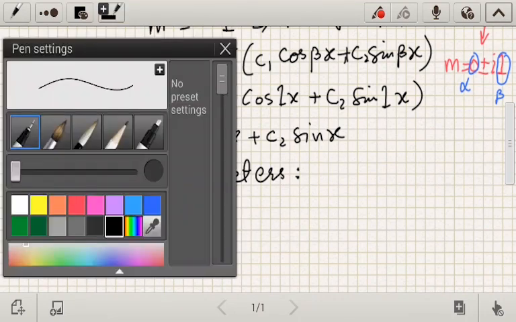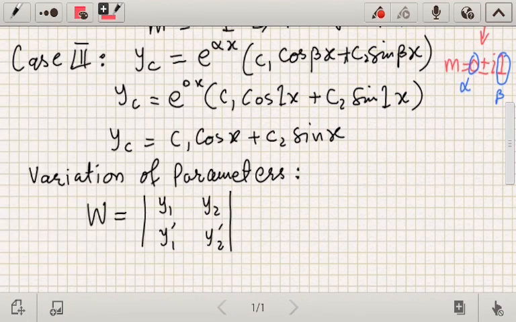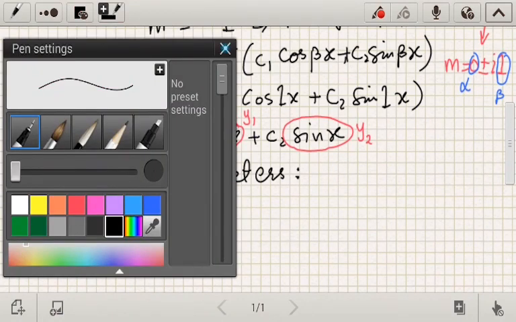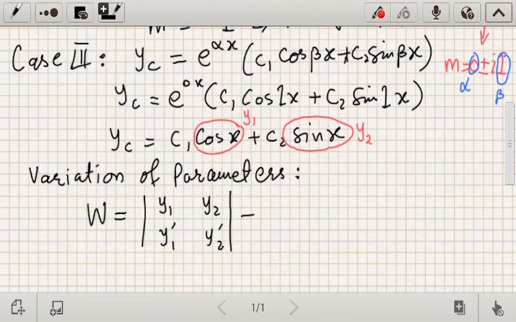We identify the first part of the complementary solution as y1 and the second term as y2, and then we construct the Wronskian.